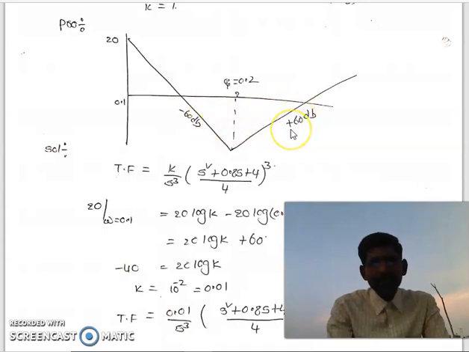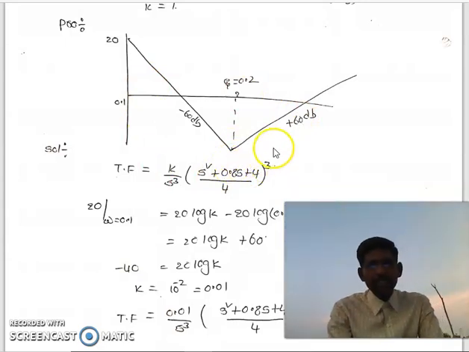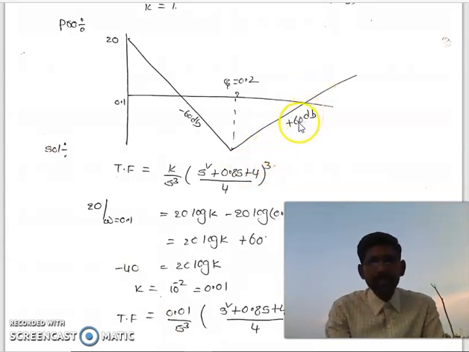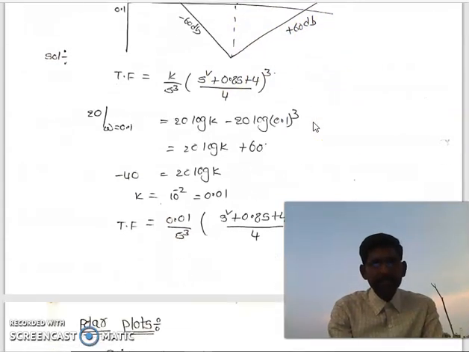The difference is 120. So 120 means 3 complex zeros are present. Each complex zero is 40 dB, so 40 dB into 3 is 120 dB. The difference in slope is 120 dB. The transfer function is k by s cube, s square plus 0.8s plus 4 by 4 whole cube.